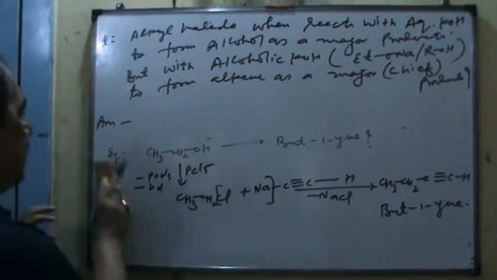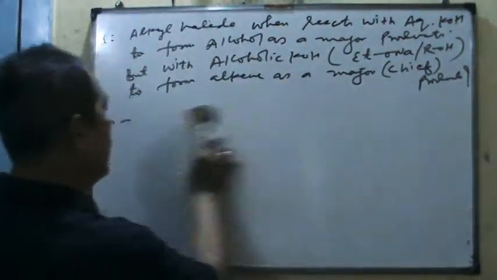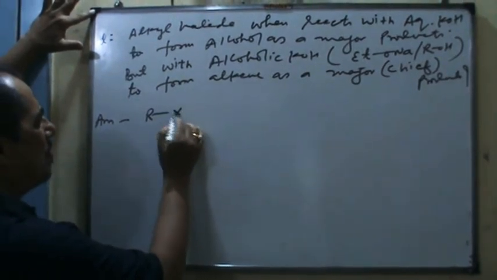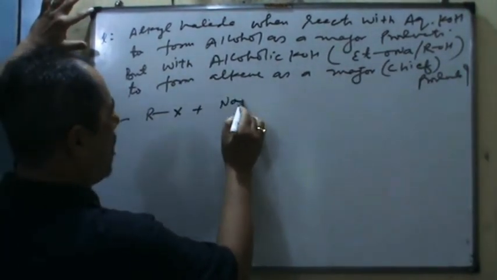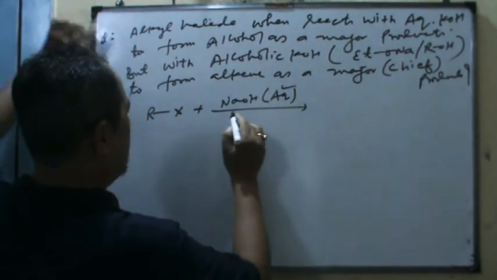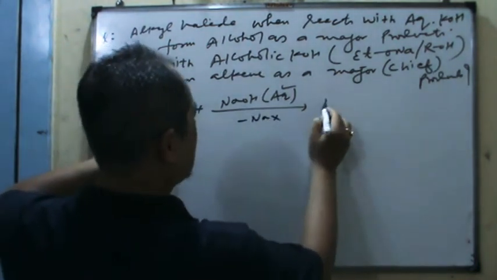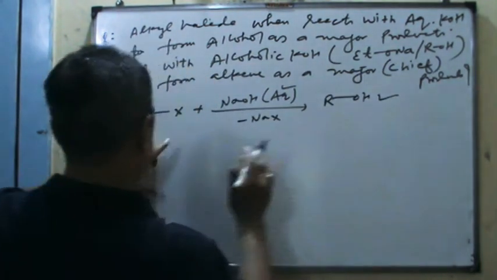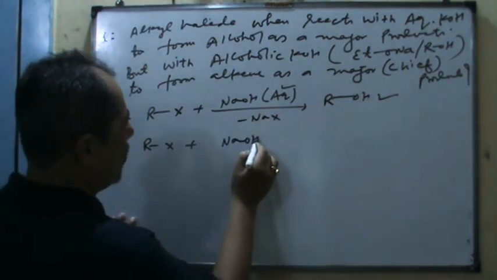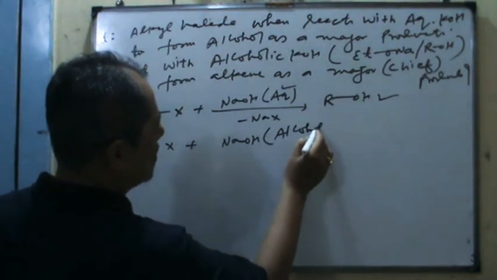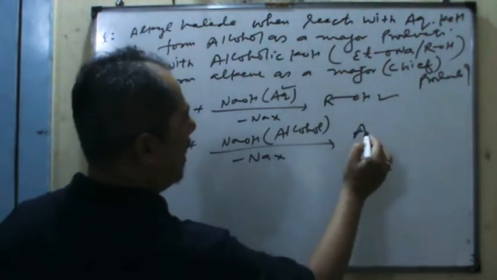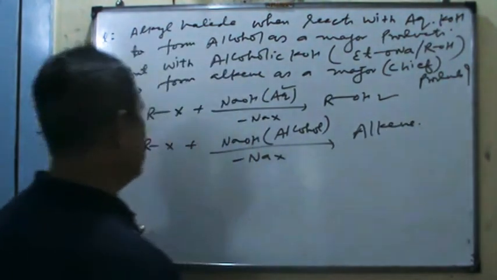My question is very simple. Alkyl halide, whenever made to react with RX plus NaOH or KOH in water, I mean aqueous, so minus NaX, ROH is the major product. But whenever alkyl halide is treated with NaOH or KOH in presence of alcohol, then NaX is out and alkene is formed.